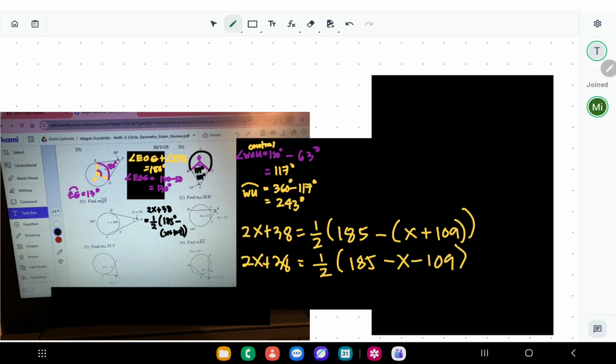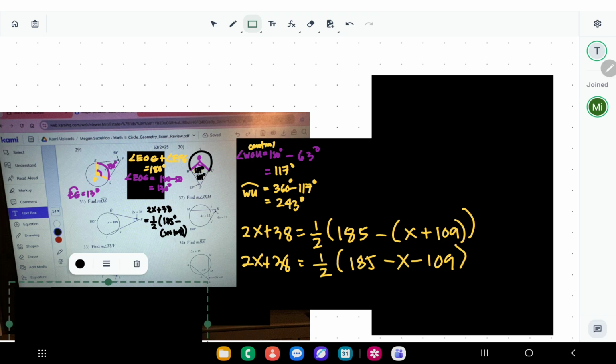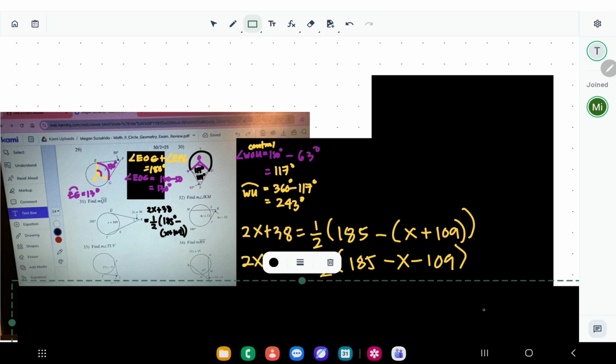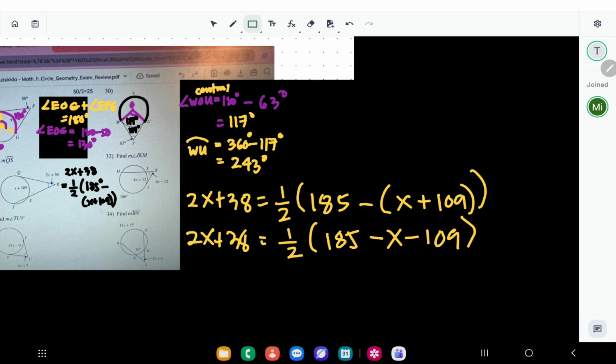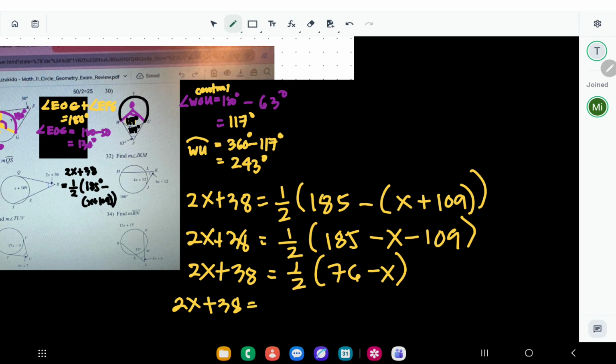So what is 185 minus 109? Okay, so 1/2 of 76 minus x. So this is 2x plus 38. What is 1/2 of 76? 38 minus 1/2 x.